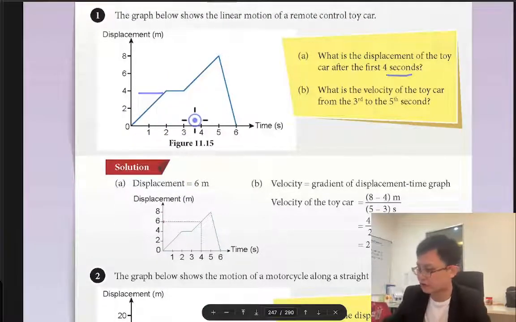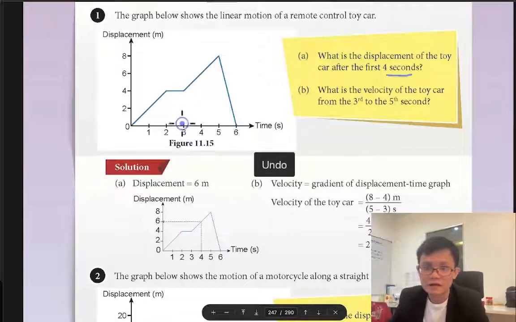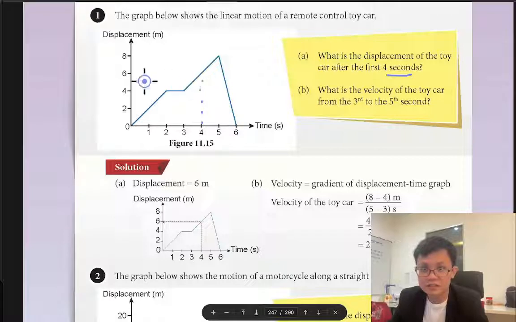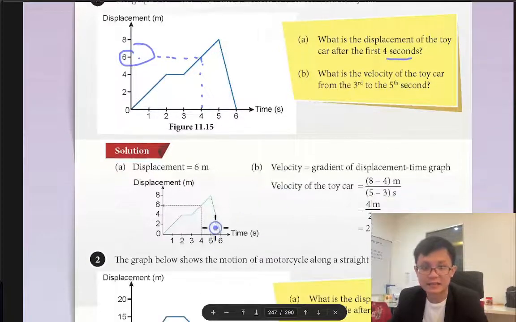Oh, sorry. 4 seconds is here. So of course it's 6 meter. So we can see that the answer is 6 meter.